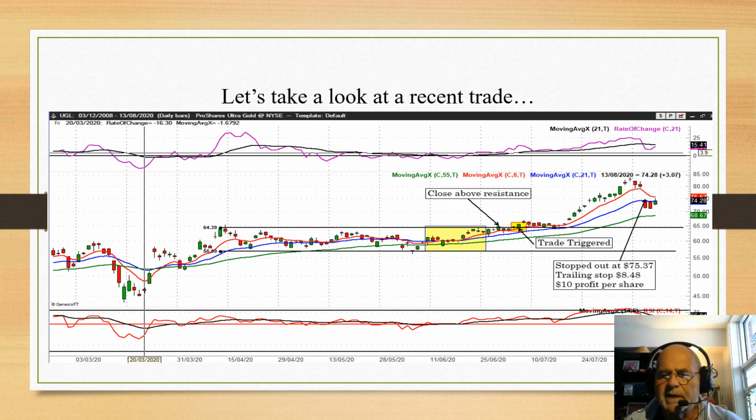You can see the trade is triggered, and we put our stop just under support. The price marches up, our trailing stop marches up with it. The stock falls back, and we are stopped out with a $10 profit per share. That is about as objective and easy as you can get. And this is what you're going to do over and over again for 3 months, as you get a handle on this.